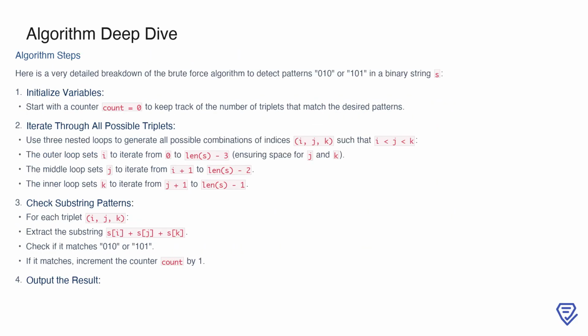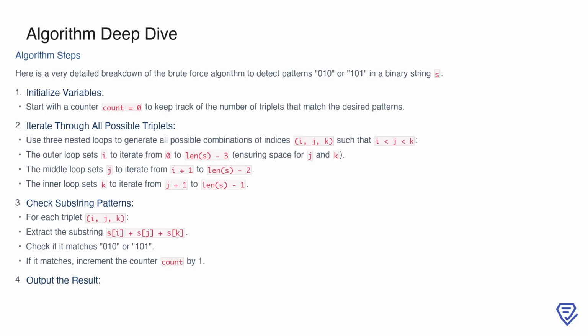To start solving this problem, we use a brute force approach to count the number of triplets that match the patterns 0, 10, or 101. First, we initialize a counter variable, count, to 0, which will track the number of valid triplets. Then, we use 3 nested loops to iterate through all possible combinations of indices i, j, k, where i is less than j, which is less than k. The outer loop sets the starting index i, ensuring there's room for j and k, while the middle loop selects the next index j, and the innermost loop picks the final index k.